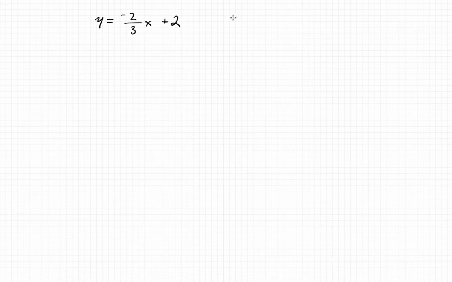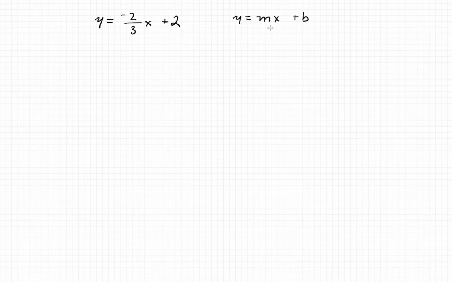Slope-intercept form, I've gone over this just a few lessons ago, is y equals mx plus b. X is your x value on the line, or your point. Y is your point, or your y value on the line.